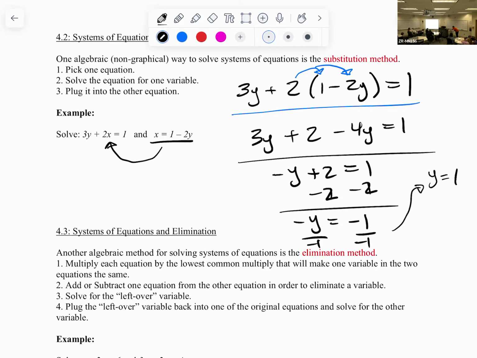Once I have one solved for a value, then I can take that number and plug it into the other equation. And this is why substitution is nice, because on the other end, it already says x equals.